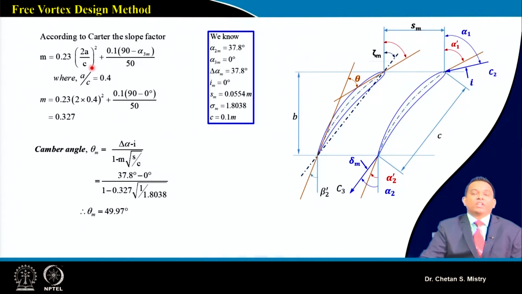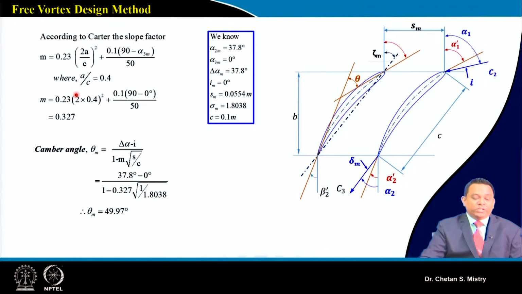Remember, at the initial stage of calculation you can make this assumption, and as we have discussed, once you have finalized your design, you will go for your computational study, and that study will give insight into what is happening. Based on the detailed understanding and your expected requirements, you need to change certain parameters. But this is our first cut design, so we are assuming our C4 aerofoil. For that, A by C we are considering 0.4. Putting this as a number, we can calculate our M parameter as 0.327.